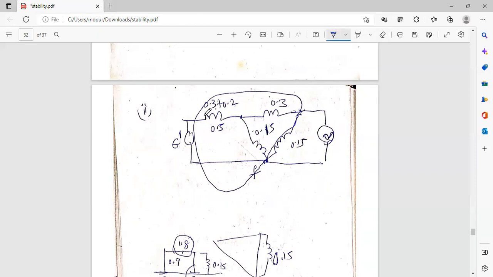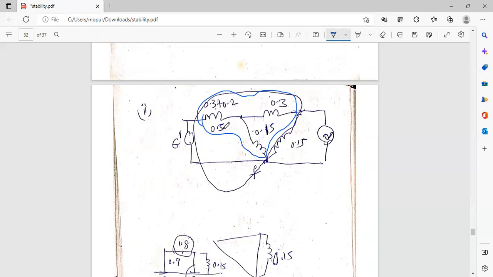Now what you should do is convert this star to delta. As I had explained in the derivation of the power angle equation, we convert the star to delta there also, right? The same thing we should do.